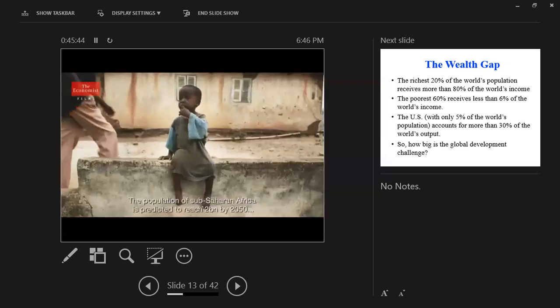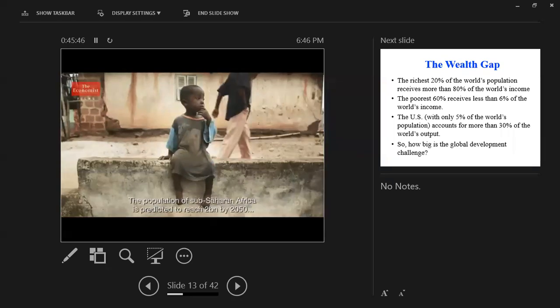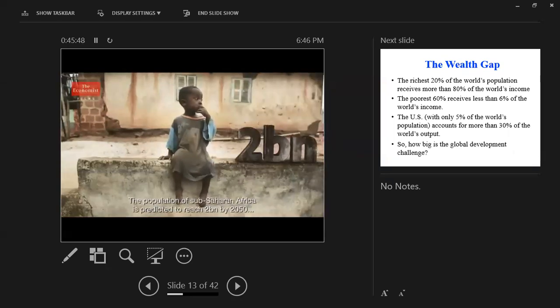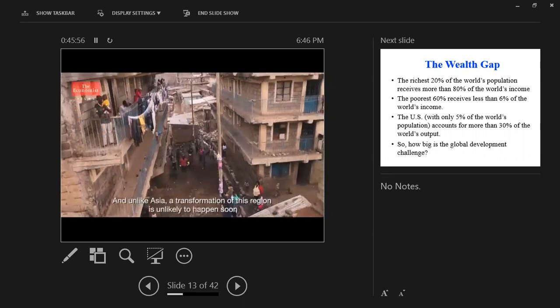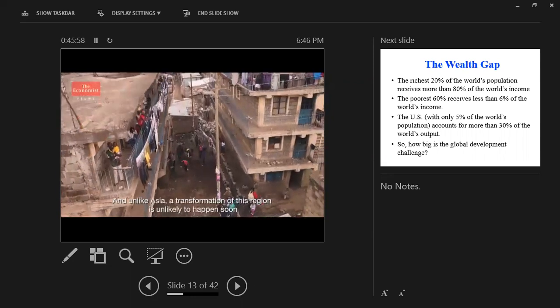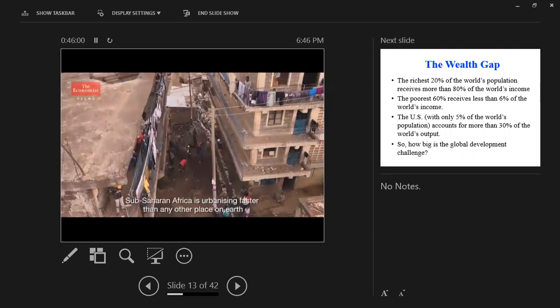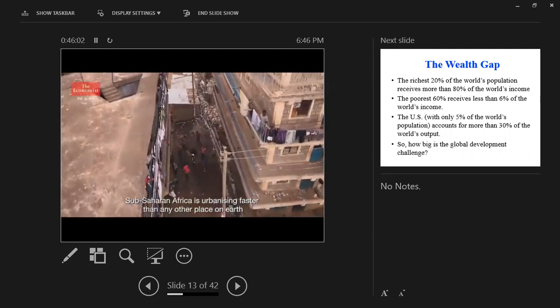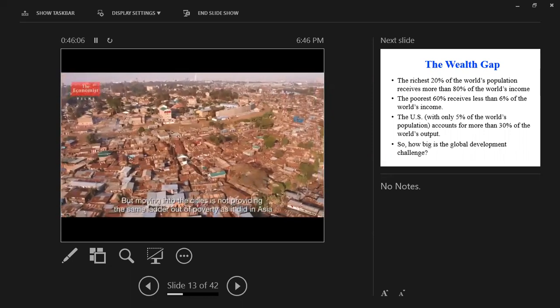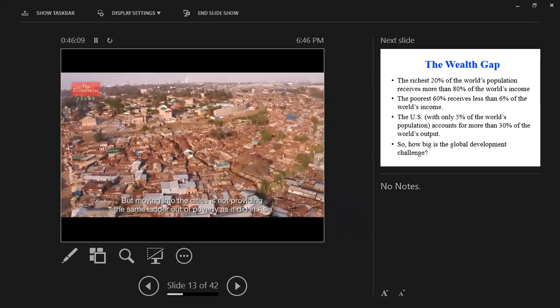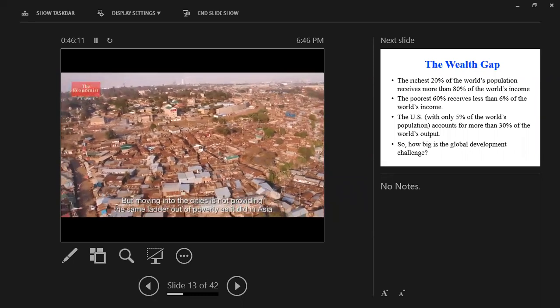The population of sub-Saharan Africa is predicted to reach 2 billion by 2050, and a large percentage of those people are likely to be extremely poor. And unlike Asia, a transformation of this region is unlikely to happen soon. Sub-Saharan Africa is urbanizing faster than any other place on Earth. But moving into the cities is not providing the same ladder out of poverty as it did in Asia.